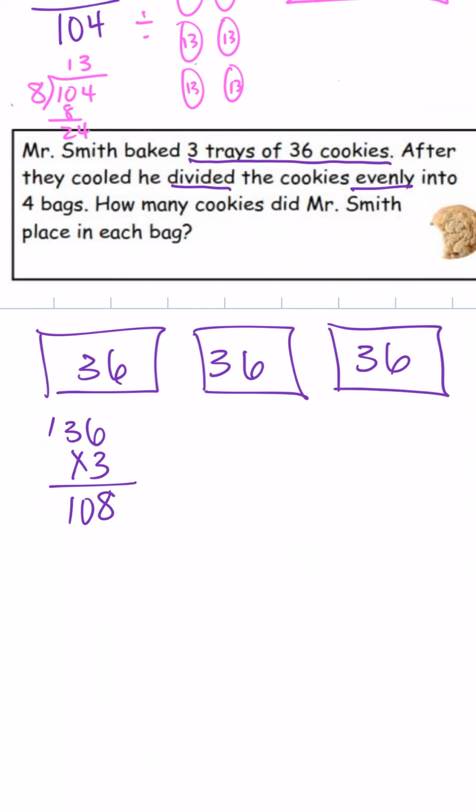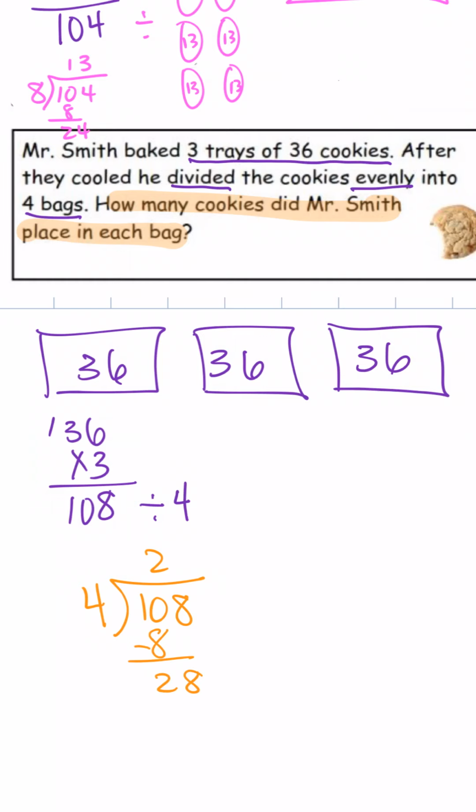That's telling us divide into 4 bags. So divided by 4. How many cookies did Mr. Smith place in each bag? So 4 into 108. 27 cookies in each bag.